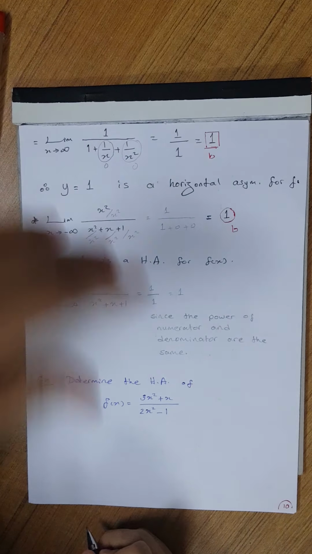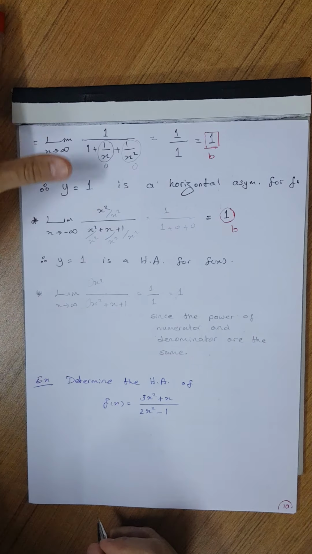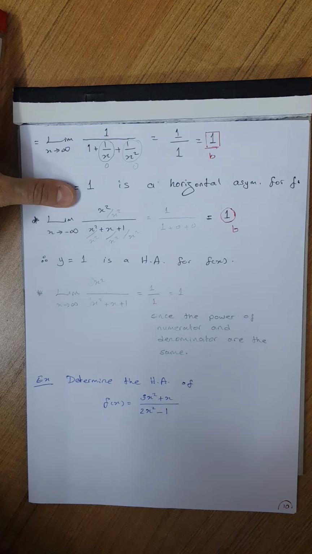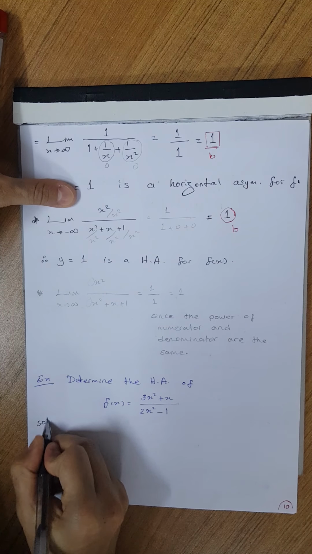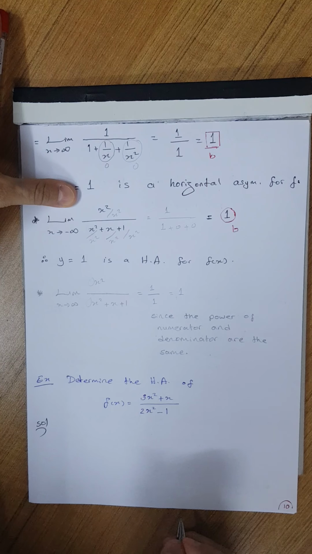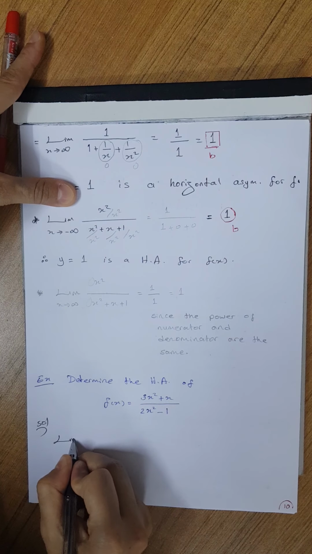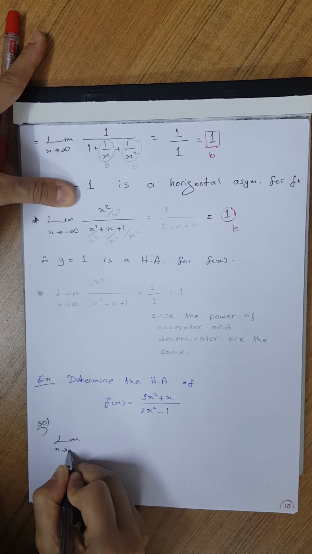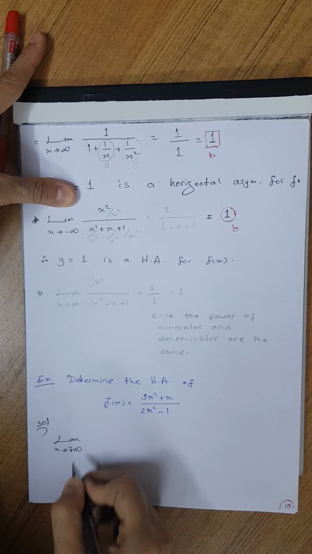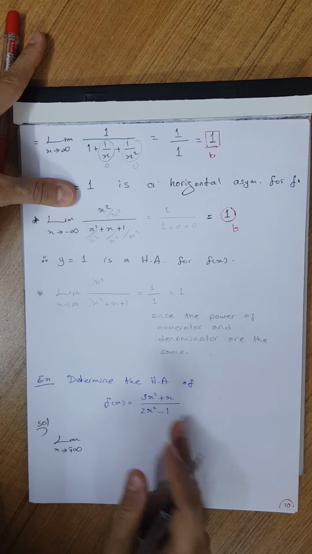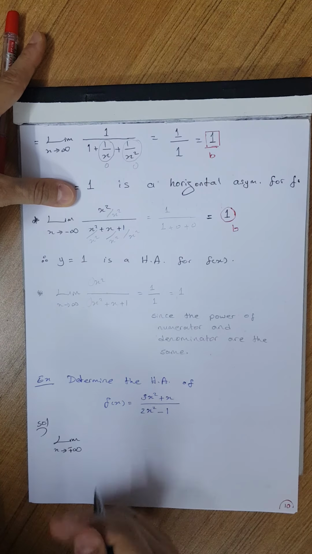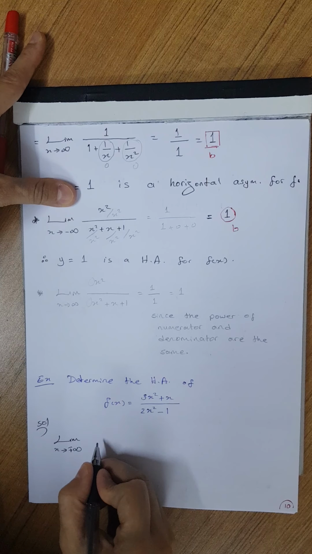If you look at that function, what is required from us? Finding the horizontal asymptote. So what do we have to find? We have to find the limit as x approaches infinity or negative infinity. I'm finding both of them together because it gives me the same result, but we have to do it separately like we did for the previous example.